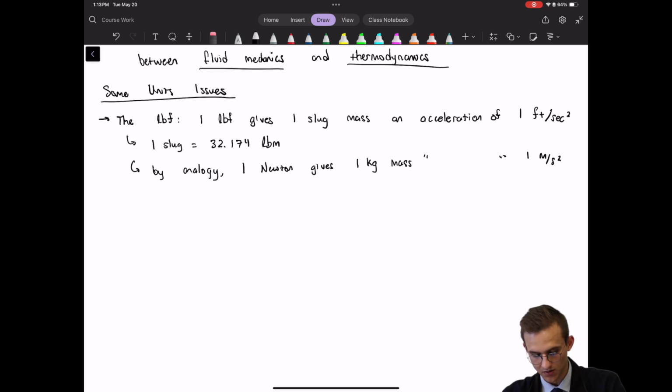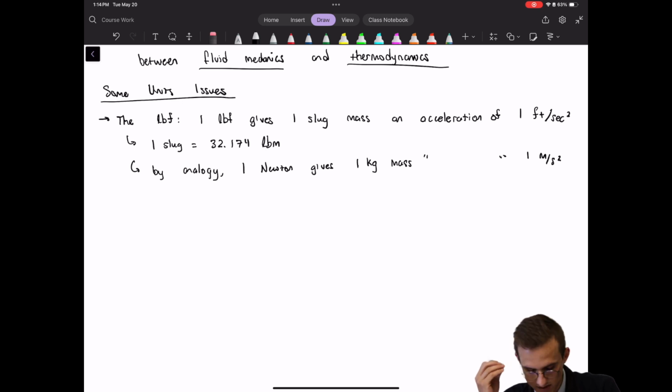Okay, so it's a little bit cleaner in that way. If you actually work with these values, it becomes clear why they made this choice of defining the slug in that way. But it has to do with the acceleration due to gravity at ground level.